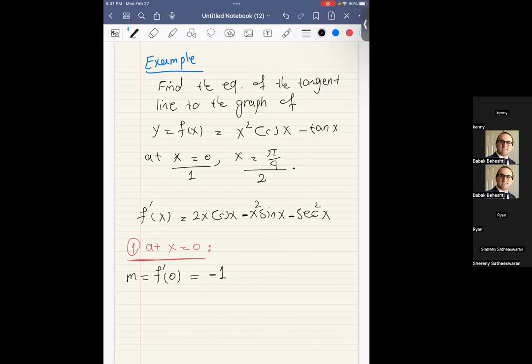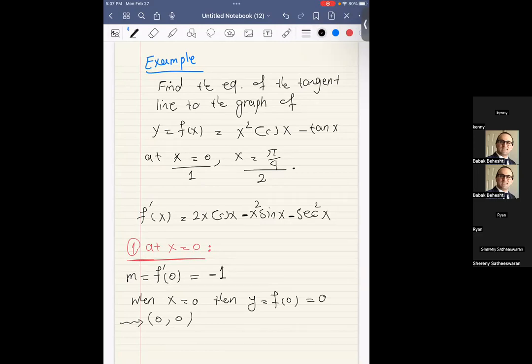Also note that when x is 0, then what is y or f of x? F of 0: 0 times cos 0 is just 0. Tangent of 0 is 0. F of 0 is 0. Okay, so you have 1 point, which is 0, 0.